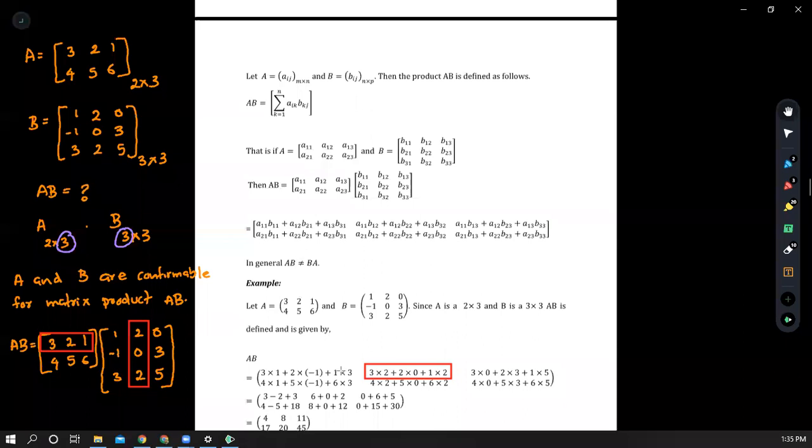Once you perform this calculation, you will get the value plus 8. Then we move to the third column. 3 multiplied with 0, 2 multiplied with 3, and 1 multiplied with 5 give three quantities, and the summation of these three quantities results in the value plus 11.